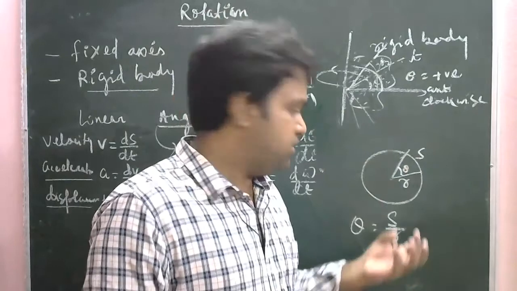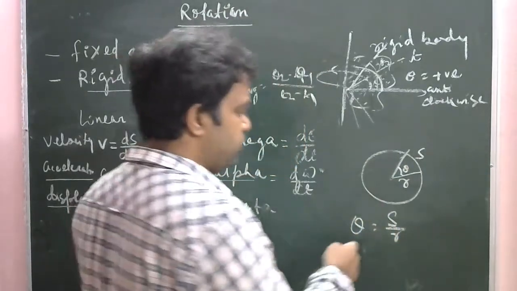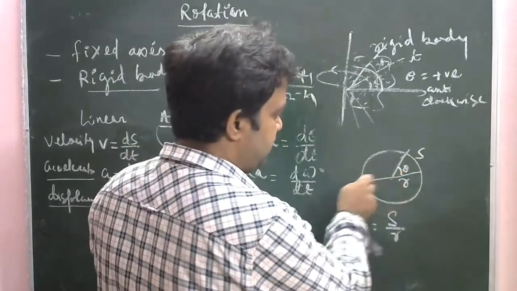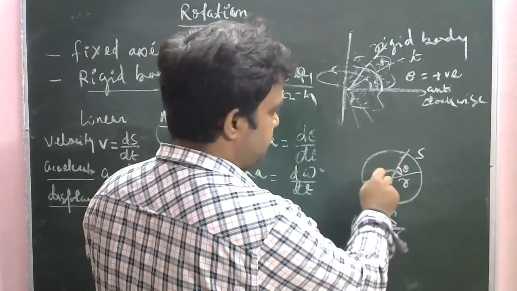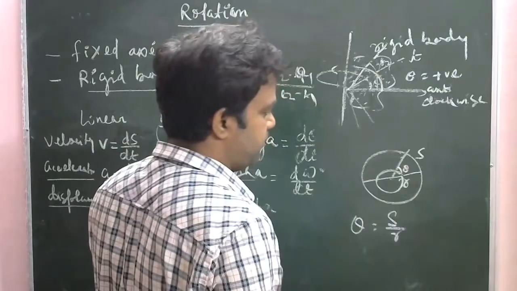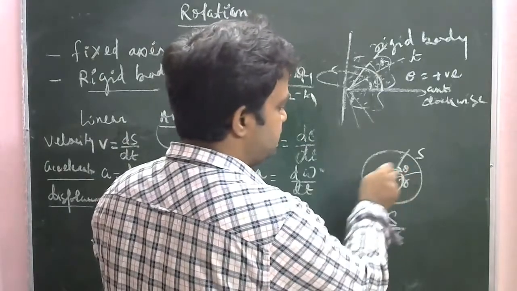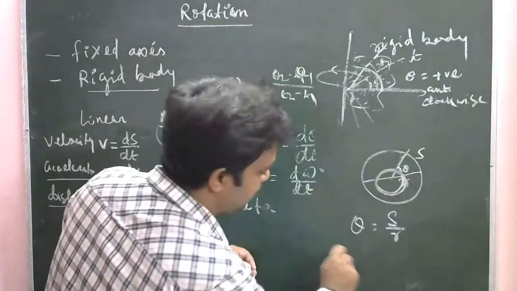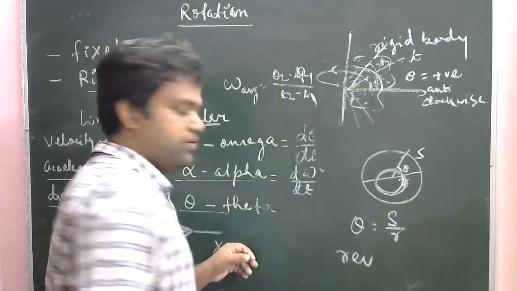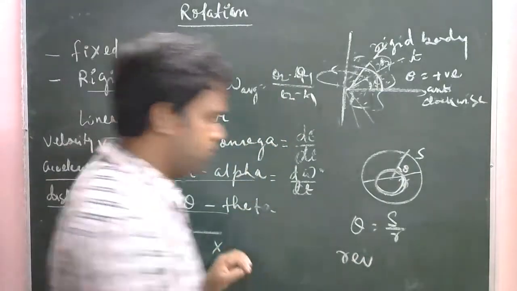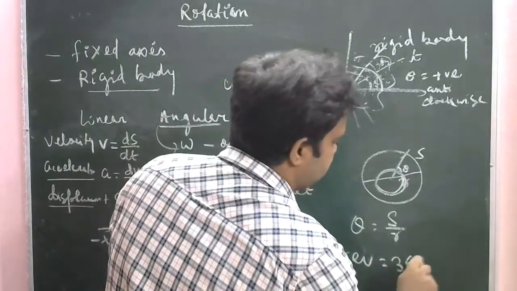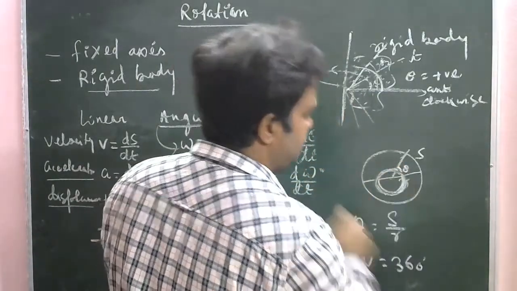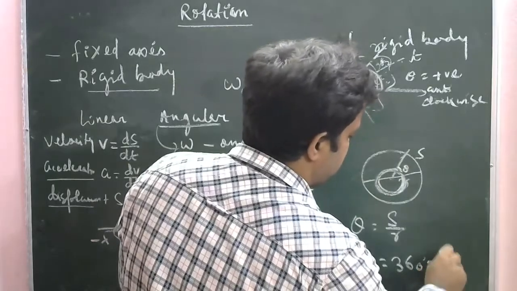Suppose theta in radians, this is your pi, and the total is 2 pi. This is one complete revolution, REV we also write. So one REV is 360 degrees.